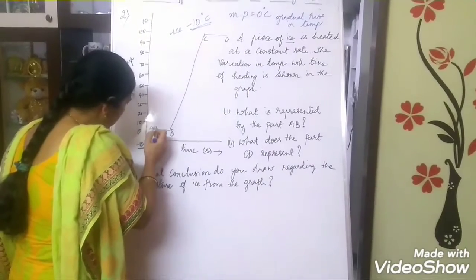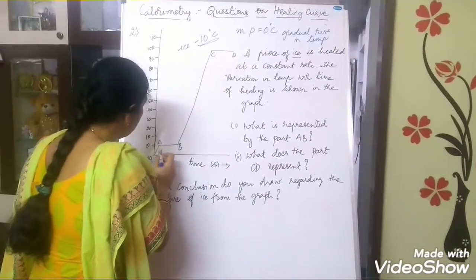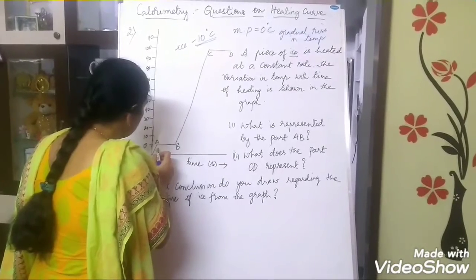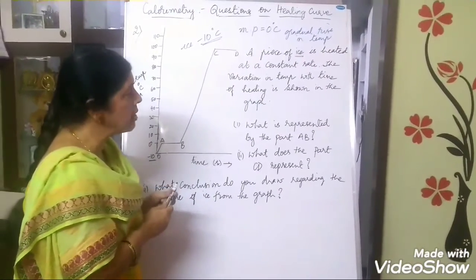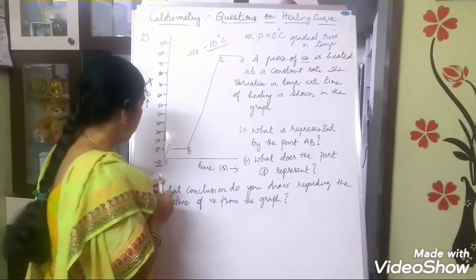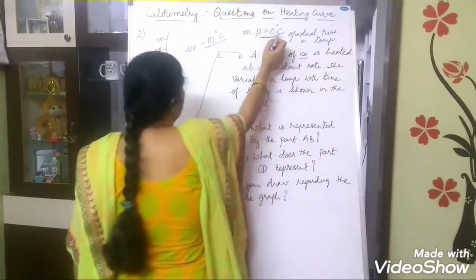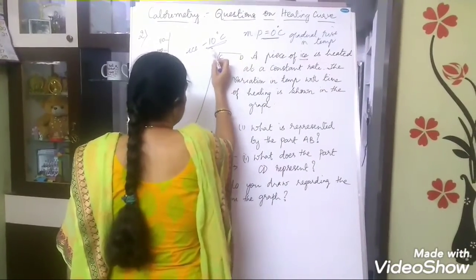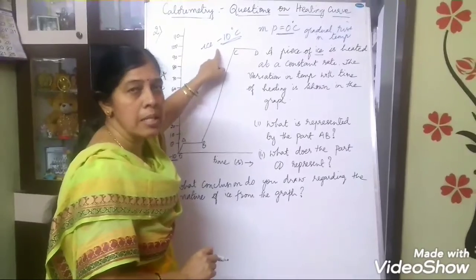temperature from O to A. Now, here ice will be in solid state only. It will not be melting, but there will be rise in temperature only. This is very important, which you have to remember, because ice melts only at 0 degrees Celsius. If the temperature is below 0 degrees Celsius, ice does not melt, because we have considered pure ice here.